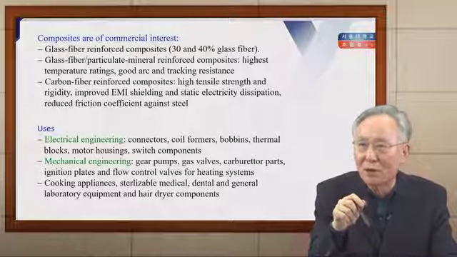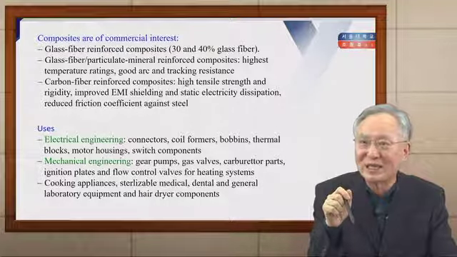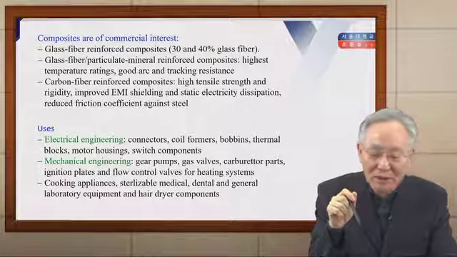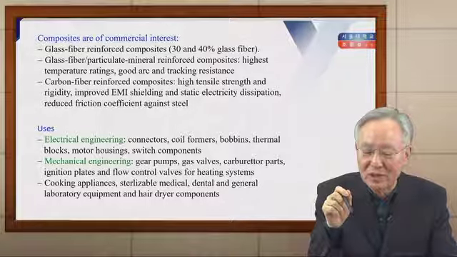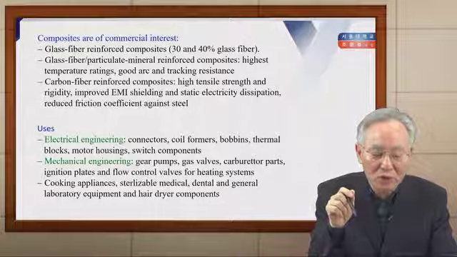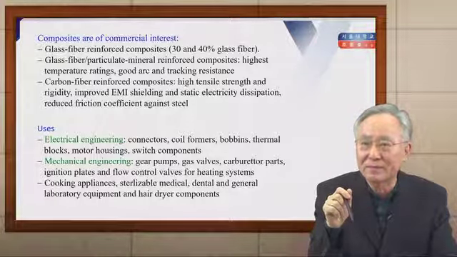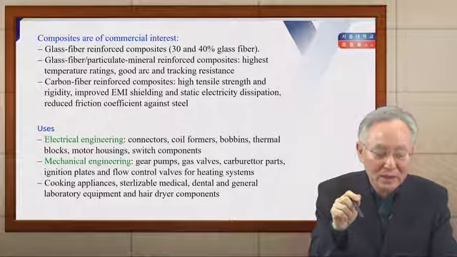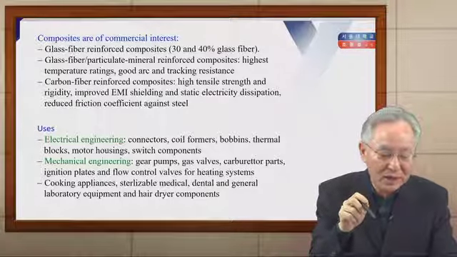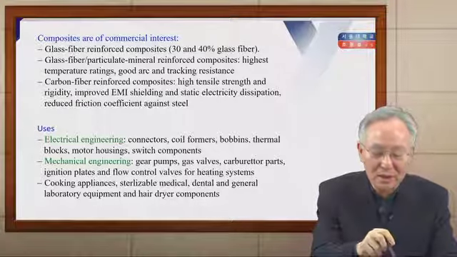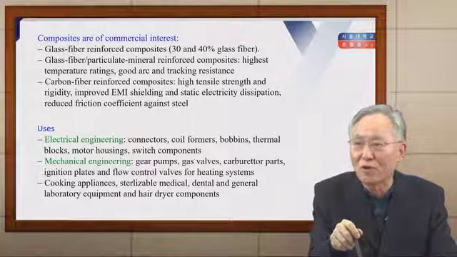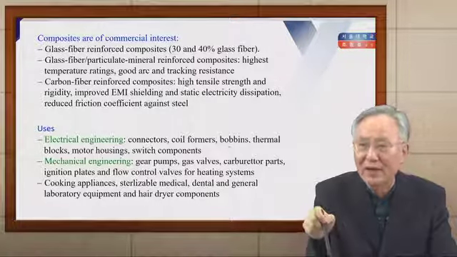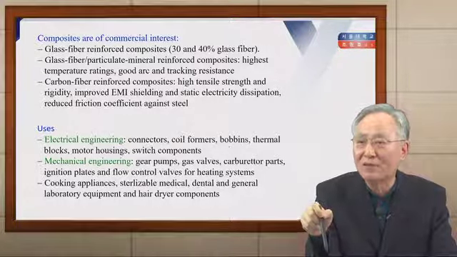These composites show high tensile strength and rigidity, improved EMI shielding, steady electricity dissipation, and a reduced friction coefficient against steel. Therefore, PPS and its composites have been used for many applications such as electrical engineering parts, connectors, coil formers, bobbins, thermal blocks, motor housings, and switch components.